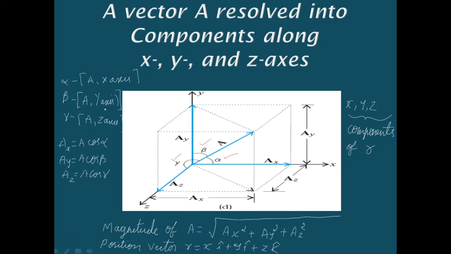So we can represent ax, ay, az by simple trigonometry, where ax is equal to a cos alpha, ay is equal to a cos beta and az is equal to a cos gamma. We can get the magnitude of A by considering the square root of ax square, ay square and az square. Okay.